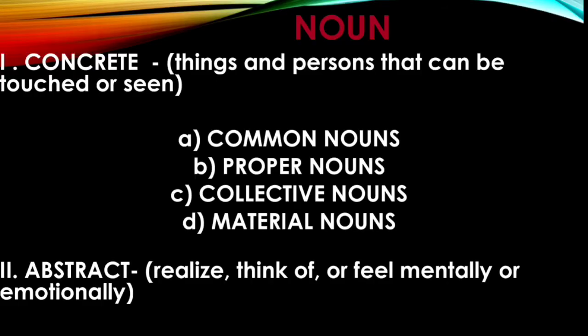Shall we go? I hope you are following me. Mainly, we have 2 main types of nouns, which are concrete and abstract. Concrete nouns are the words used for things and persons that can be touched or seen. They can be common nouns, proper nouns, collective nouns, and material nouns. See, something which can be seen or touched, and that is again divided into 4 categories.